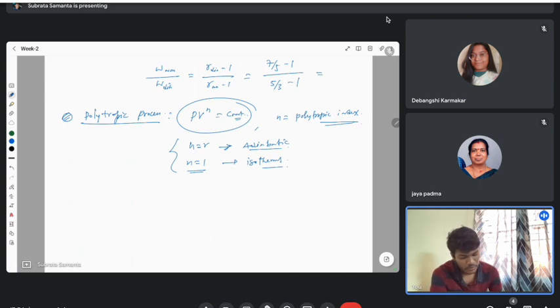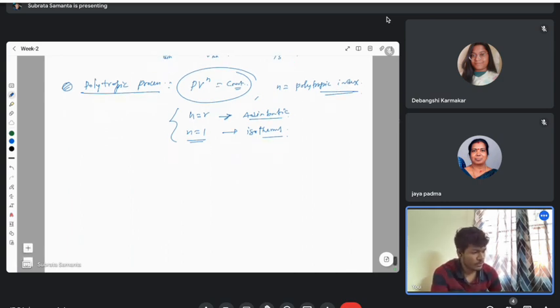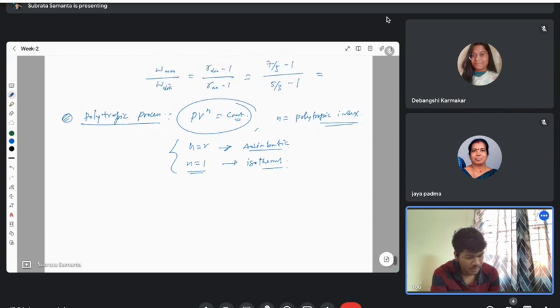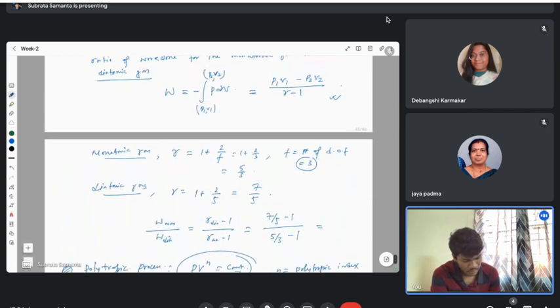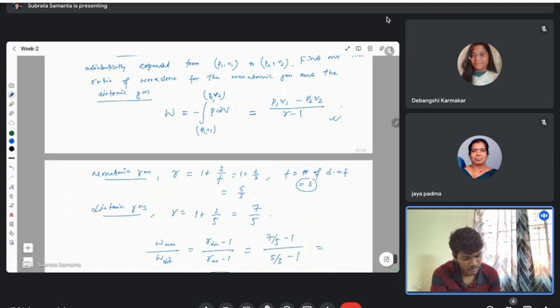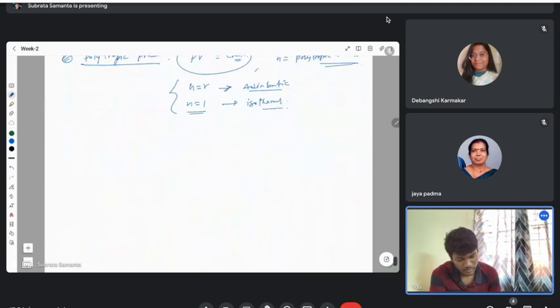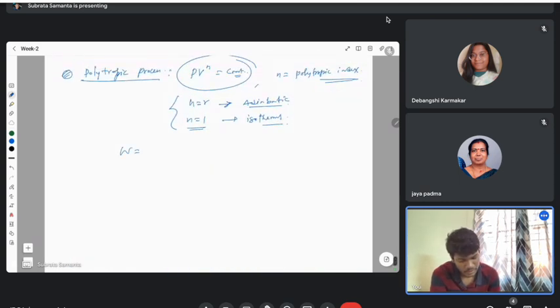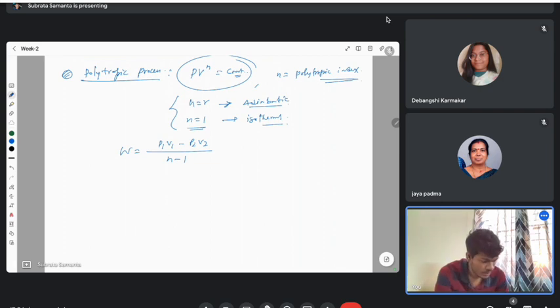Now if you calculate the work done for the polytropic process, once you know the formula for the adiabatic case, which is P1 V1 minus P2 V2 by gamma minus 1, in a similar way you get the work done formula as P1 V1 minus P2 V2 by n minus 1, right?